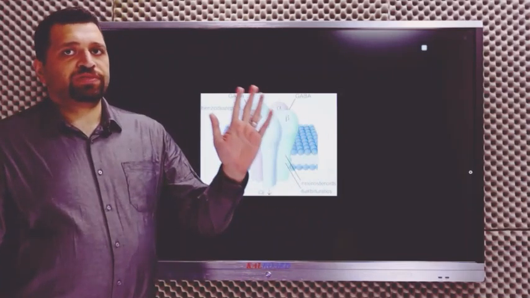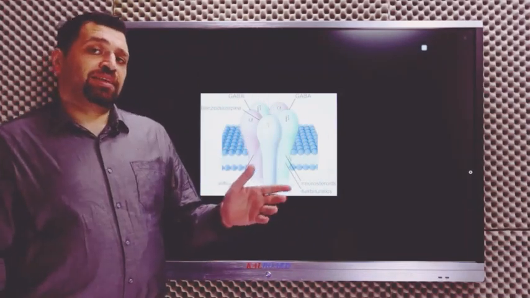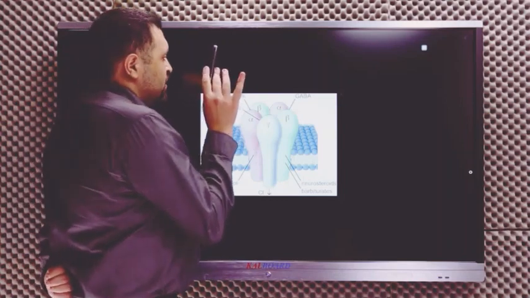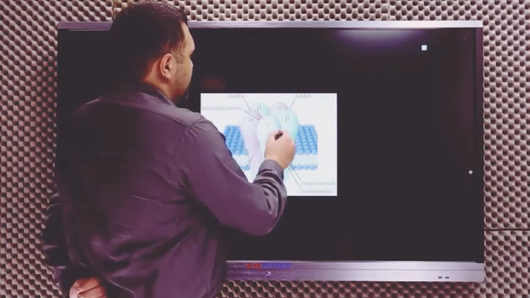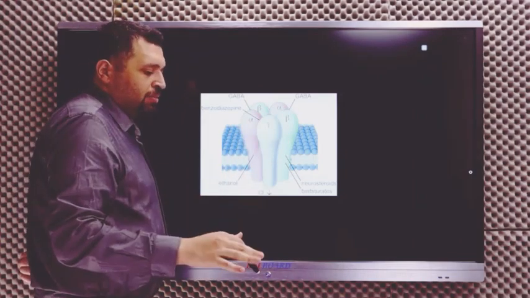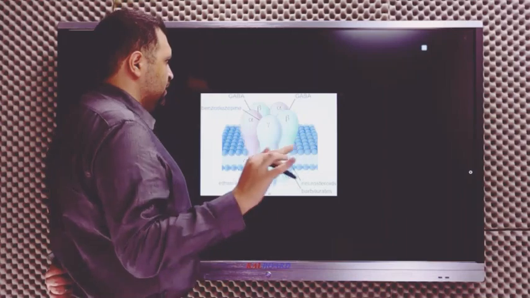Now, this receptor is called a pentameric receptor. Why? Because it consists of 5 subunits, like the pentagon. The pentagon is called the pentagon because it consists of 5 lines. Here, it consists of 5 units. We can see 2 alpha, 2 beta, and 1 gamma. We must know these letters or symbols very well.